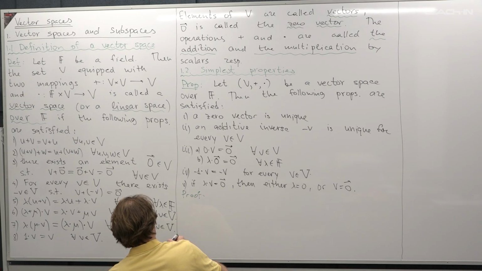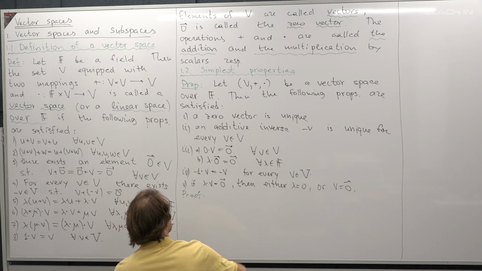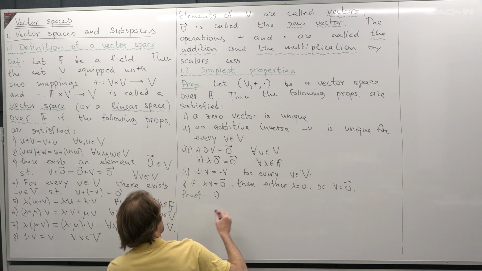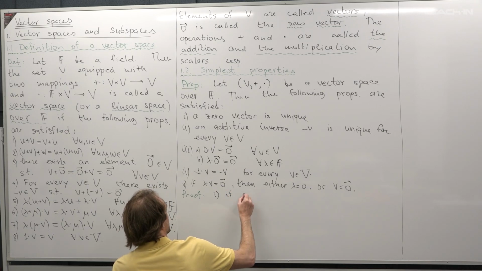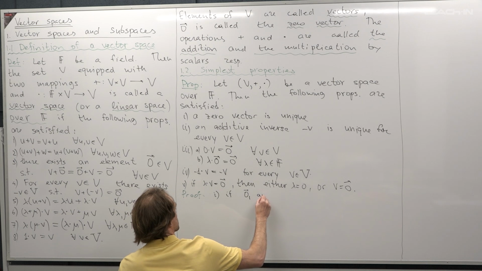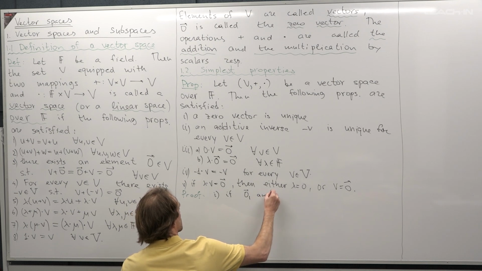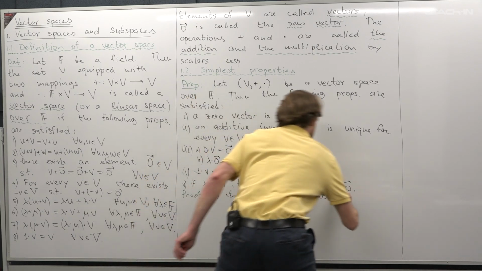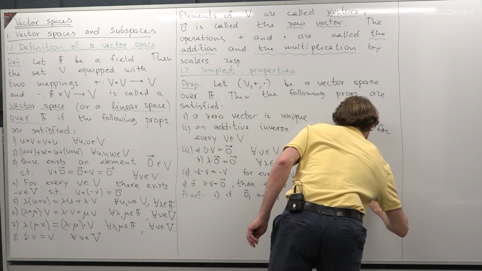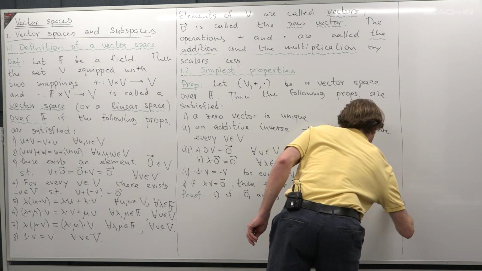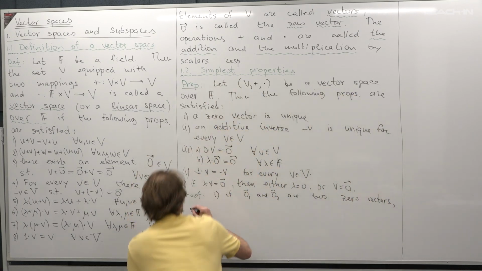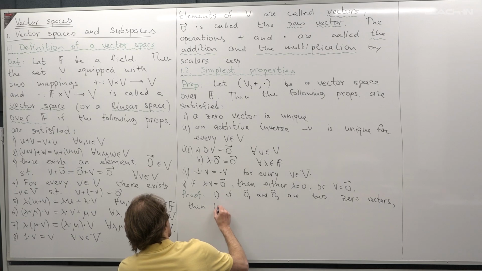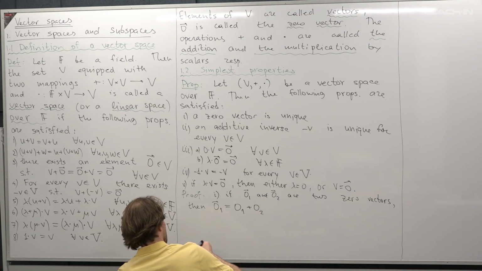Proof. If 0, 1 and 0, 2 are two zero vectors, then 0, 1 equals 0, 1 plus 0, 2.